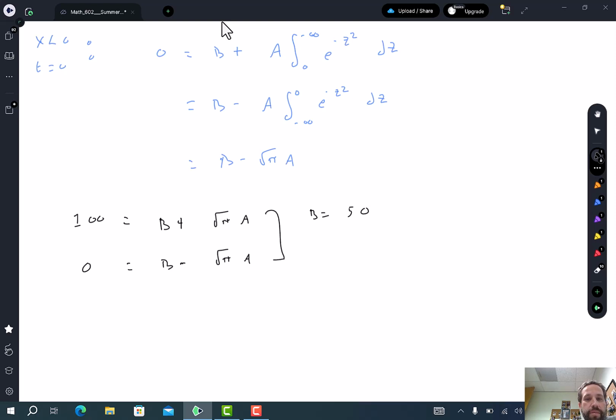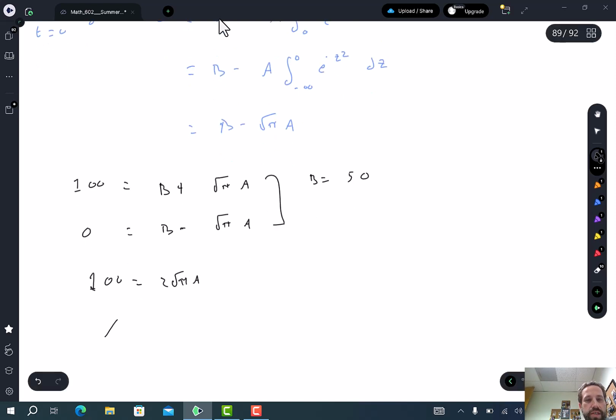If I subtract the bottom equation from the top equation, that gives me 100 is equal to 2 times the square root of pi a.